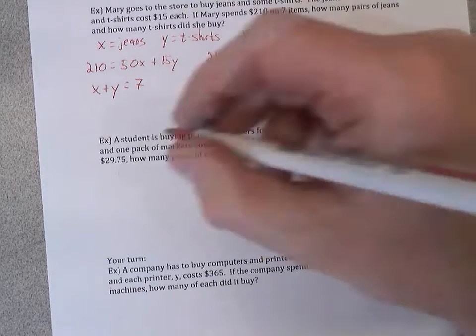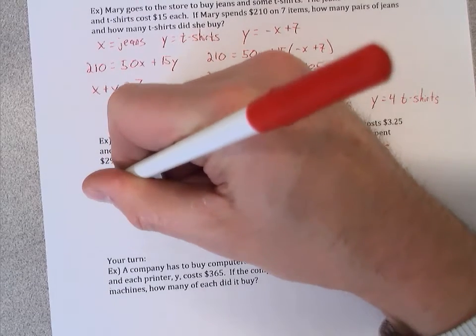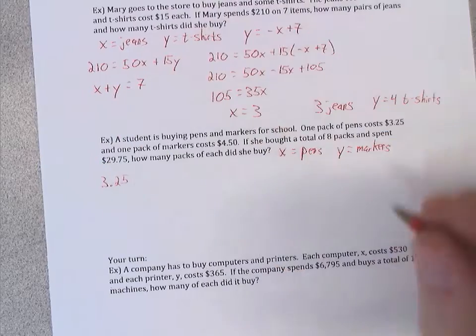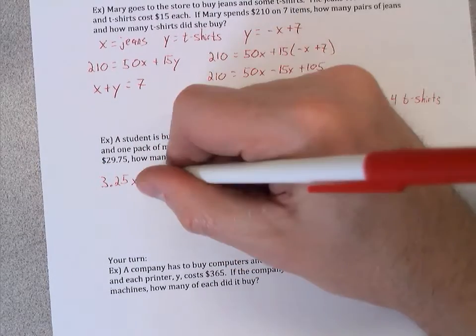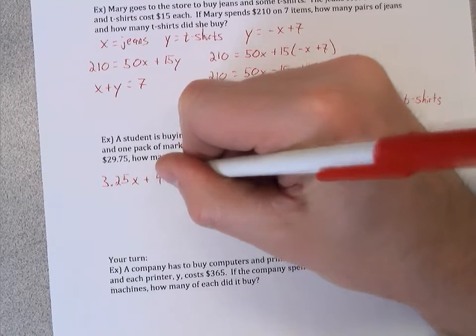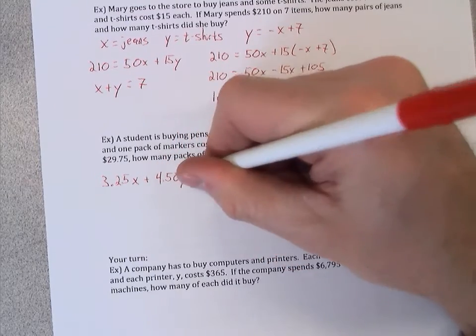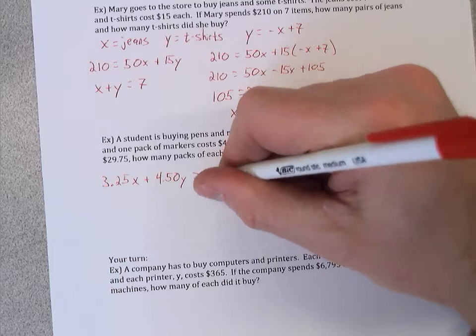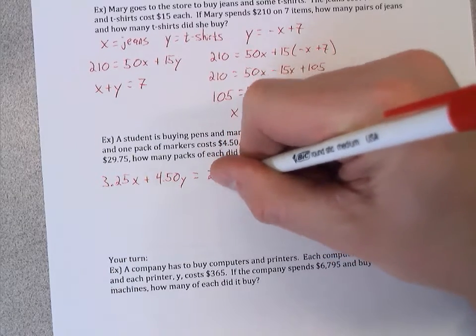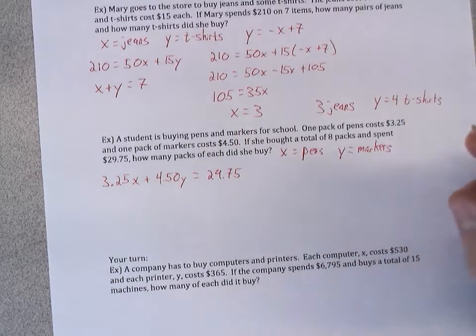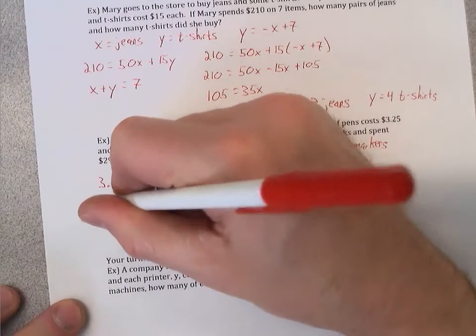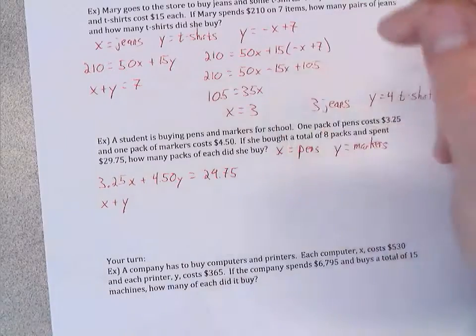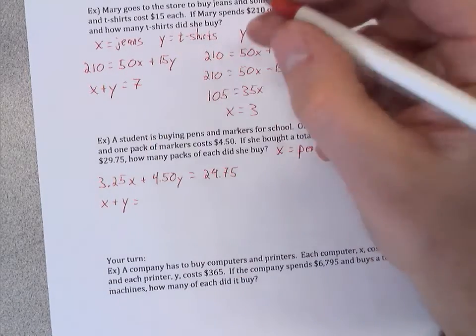Okay? And we know that the package of pens is $3.25. Multiply that by x. The package of markers is $4.50, times y. And that should equal, she spent a total of $29.75. We also know that the number of packs she bought, x plus y, equals 8.